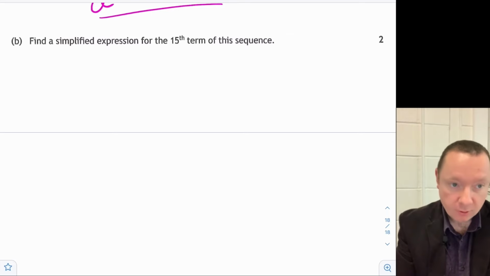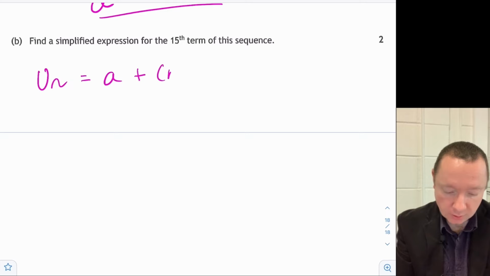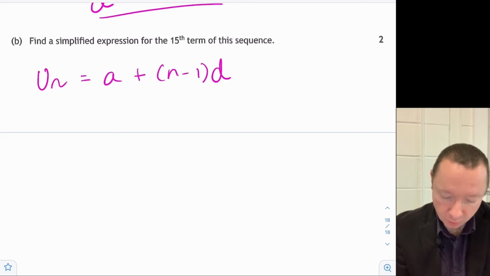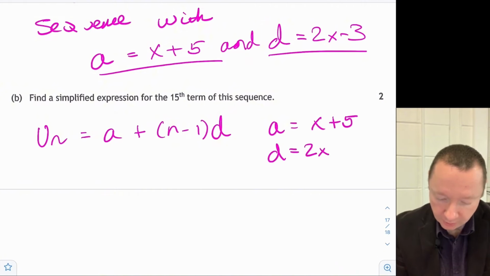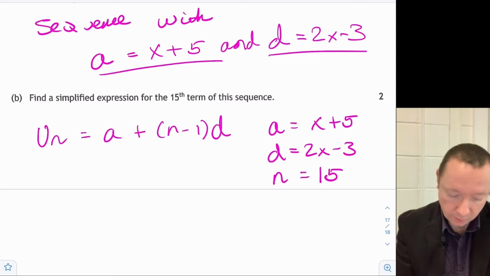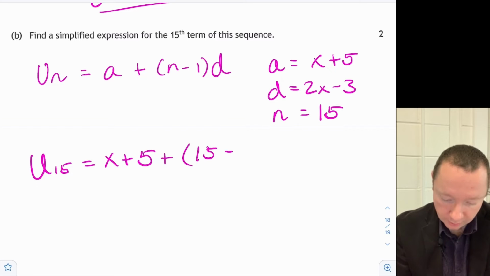So un, remember, equals A plus n minus 1 times D. And we already know that A equals x plus 5, D is 2x minus 3, and n is 15. So we get u15 equals x plus 5 plus 15 minus 1 times 2x minus 3.